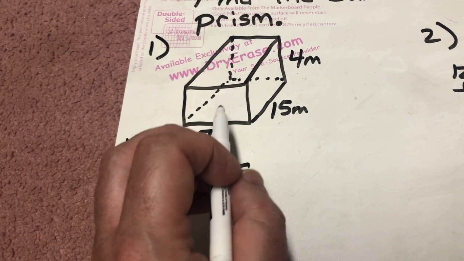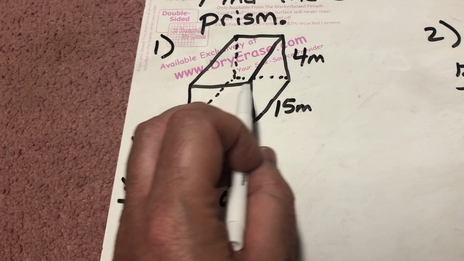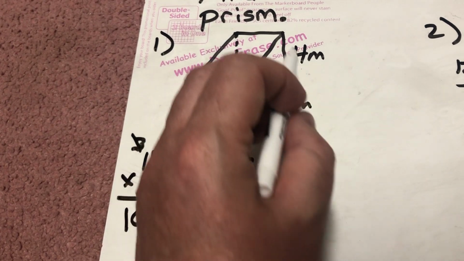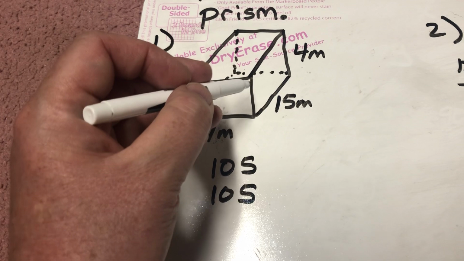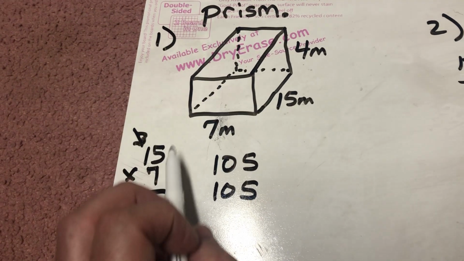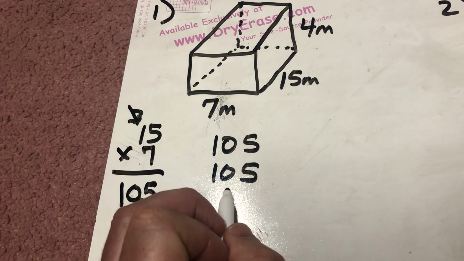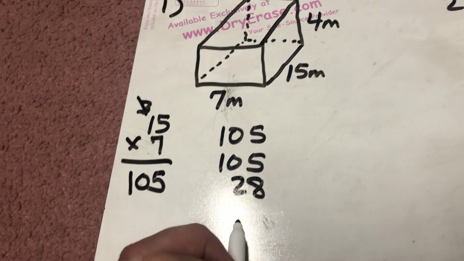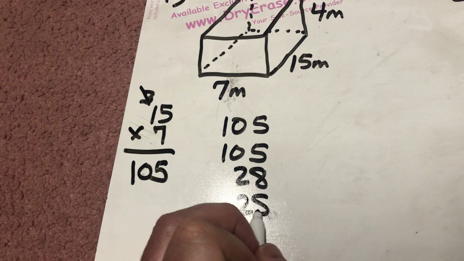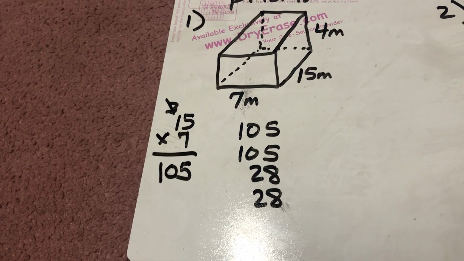Now, the front and the back would be this dimension right here. And so if this one here is 4, I see that this one here is 4, so it'd be 7 times 4. Well, 7 times 4 is 28. So if the front has an area of 28 square meters, then the back also has an area of 28 square meters.